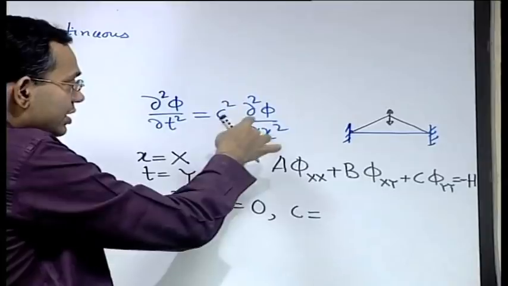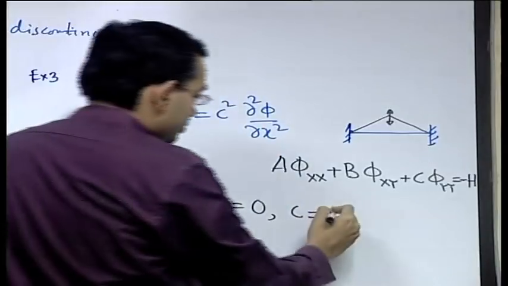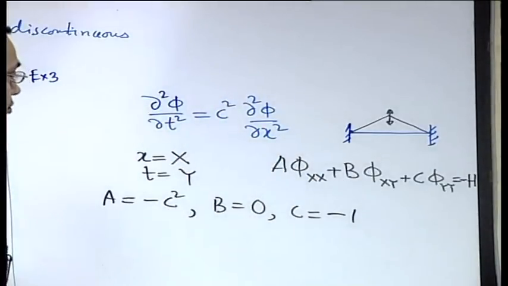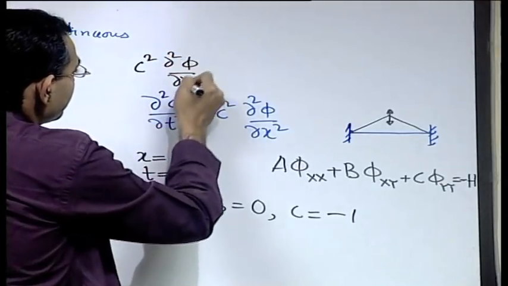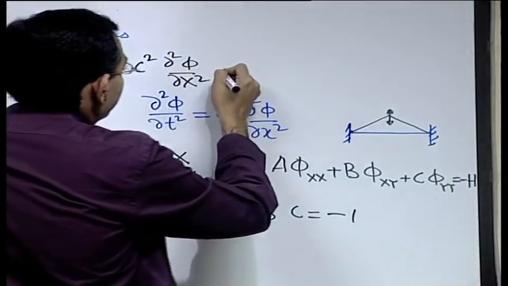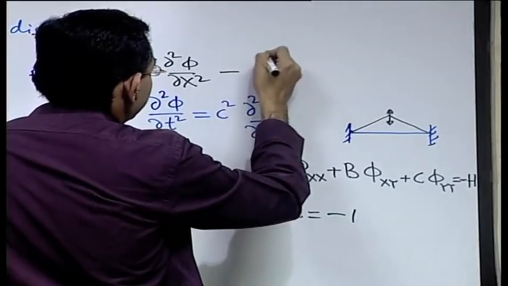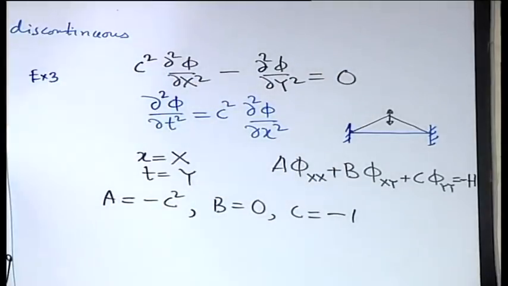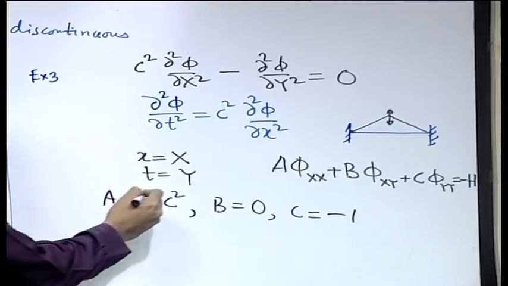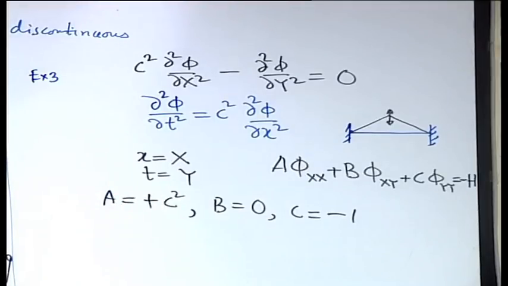So, it is not 1, it is minus 1. No, c square, this one minus... this is equal to 0, that is the equation. Okay, a equal to plus c square and c equal to minus 1. Okay.